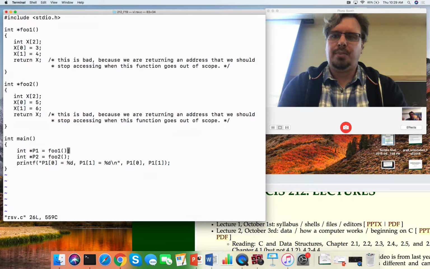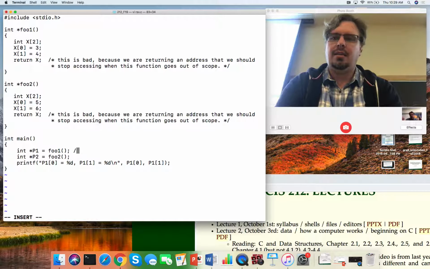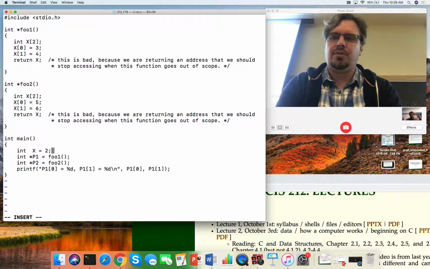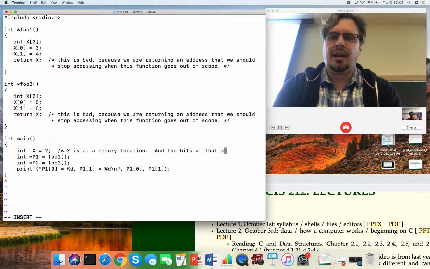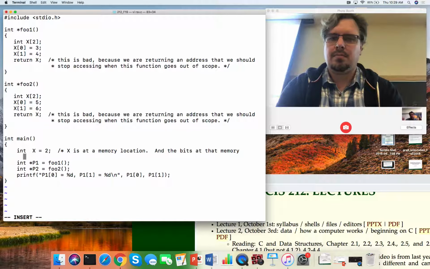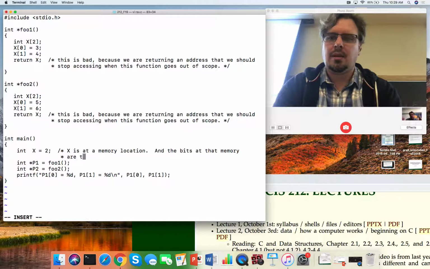And so P1 is a variable in the same way that if I say int x equals 2, x is at a memory location, and the bits at that memory location represent the number 2.